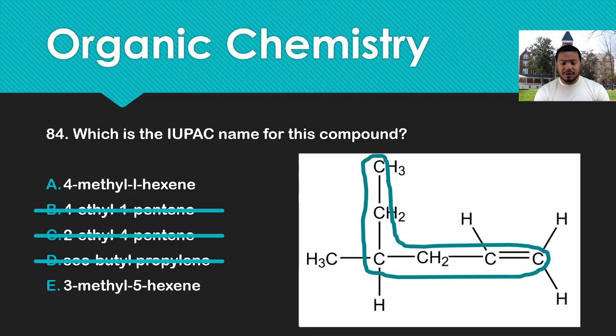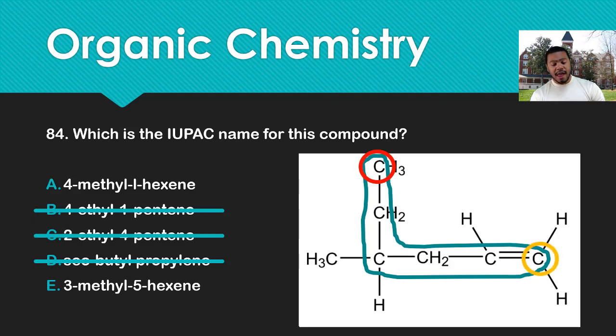The next level is to determine which number we start with, which way we count, because in the answer choices we can have a methyl group at carbon number 4 or at carbon number 3. Do we start our count here or here?